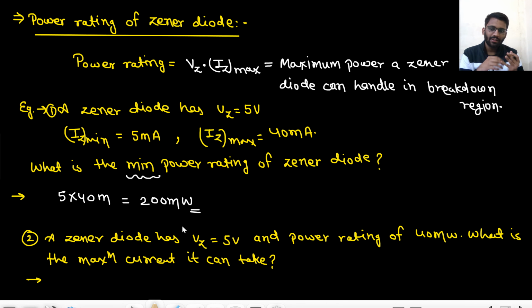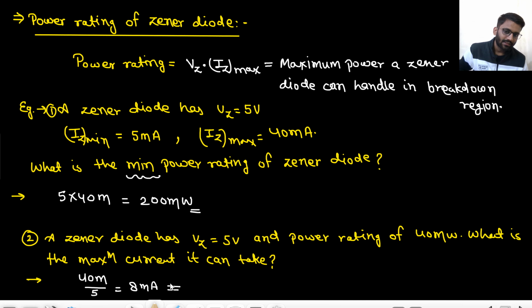Now the next question: a Zener diode has Vz equal to 5 volt, the power rating is 40 milliwatt, what is the maximum current it can take? The power rating is written as 40 milliwatt, and you also know Vz, that means it provides a constant voltage of 5 volt. So what is the maximum current it can have? Power by voltage, that means 8 milliampere.